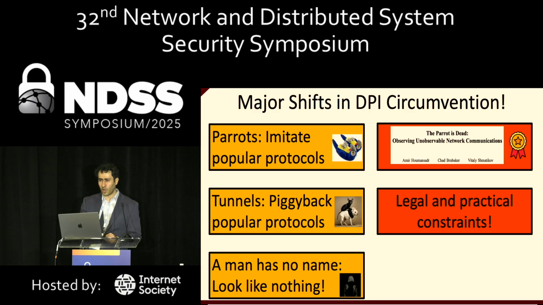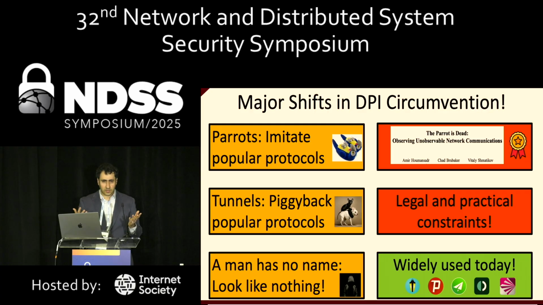I want to call these look-like-nothing systems. This kind of idea has been used in a lot of the systems that we use today for censorship circumvention. So moving forward, I'll talk about the systems that rely on this idea of trying to look like nothing.